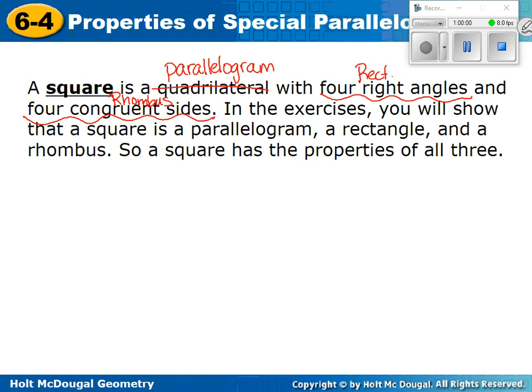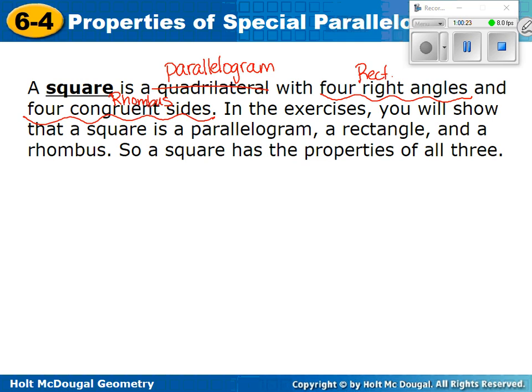So another way to say the definition of a square is that it is both a rhombus and a rectangle. The definition for a square is it has 4 right angles, which means it's a rectangle, and it has 4 congruent sides, which means it's also a rhombus. And we already know it's a parallelogram.